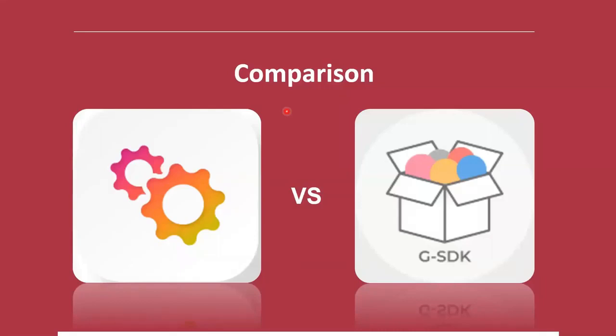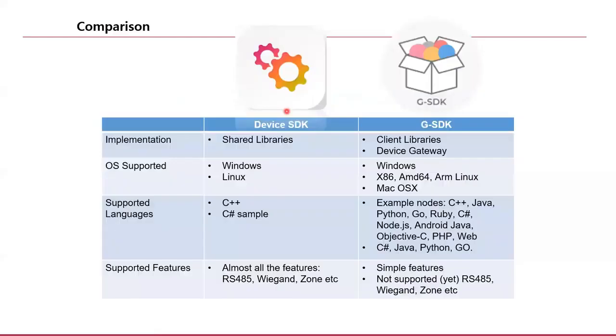To make still some comparison between the Device SDK and the Suprema SDK, it is this that you can see on your screen right now. The implementation for the Device SDK is shared libraries. You know, this is not a new paradigm. It's been in the programming world for quite some time, but the GSDK paradigm is quite new.